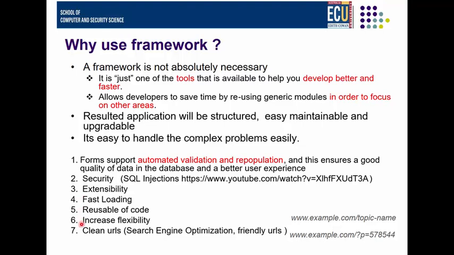Usability is there, flexibility is there, and clean URLs. For example, in case of frameworks that implement the MVC pattern, model view controller pattern, if you are implementing views, then instead of having product something with a number, your URL will contain product view, product A view, product B view, product name, and so on.